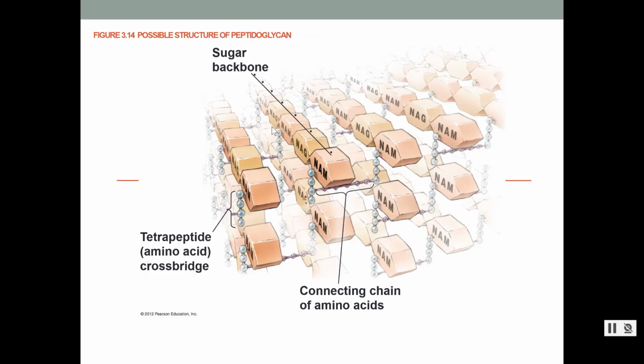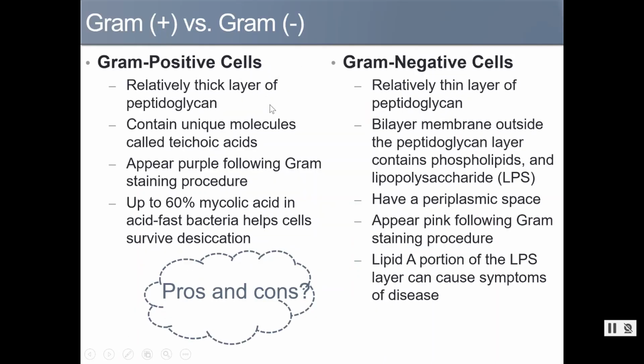Okay, so now we have this structure, these sugar backbones and these peptide crosslinks. Let's go back to our summary slide. Gram-positive cells have that thick layer of peptidoglycan. They contain teichoic acids, both teichoic acid and lipoteichoic acid. They stain purple following a gram stain procedure. There are also some bacteria that have this thick cell wall but also contain a high amount of another substance called mycolic acid.